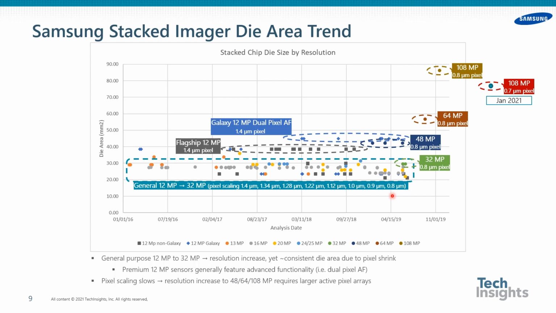So this was an effect counteracting the increase in resolution. On the other hand, more recently, while pixel pitch has decreased down to 0.8 and 0.7 microns, that seems to have reached a plateau, whereas the sensor resolution has increased more drastically. And this explains why we see this recent trend of increasing die size.